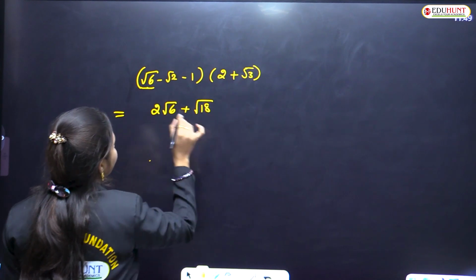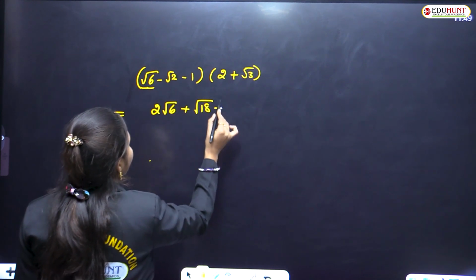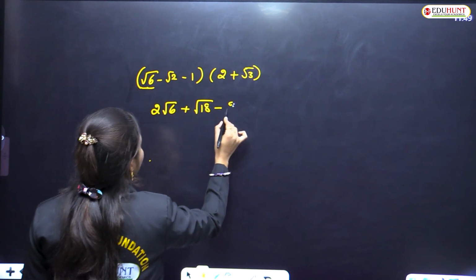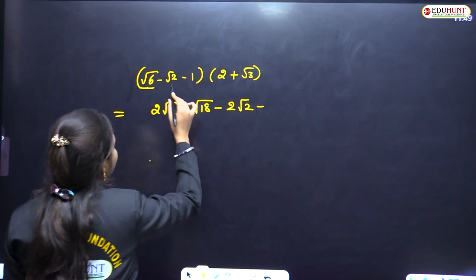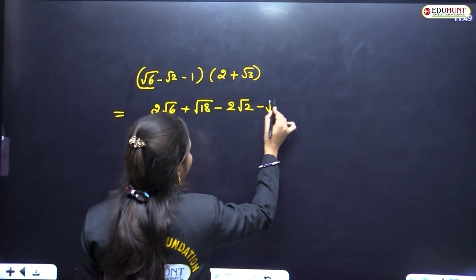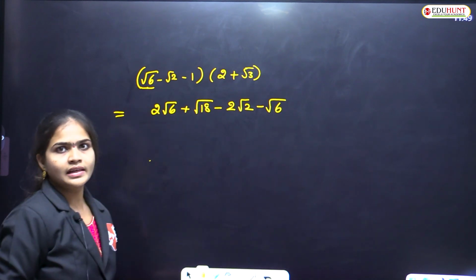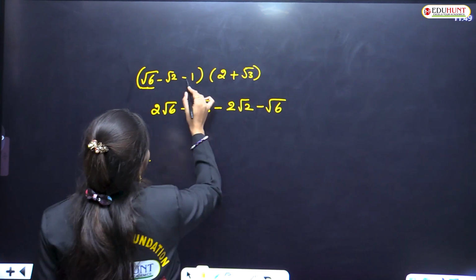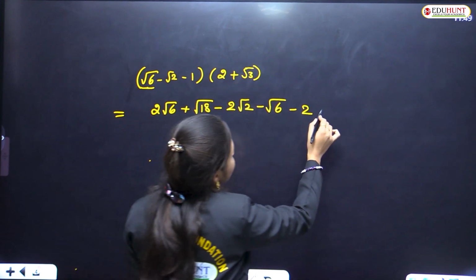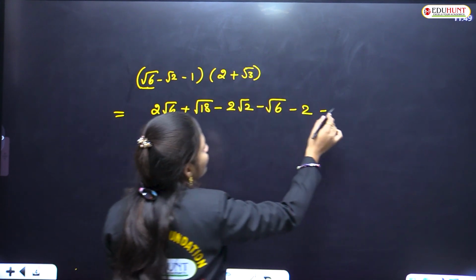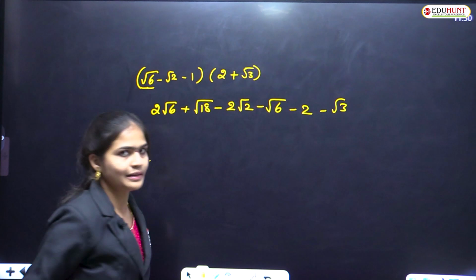Okay, 6 threes are 18. Next, minus root 2 into 2, so 2 root 2. And here minus into plus is minus. Root 2 into root 3 is root 6. Clear? So next, here minus 1 into 2 is minus 2. And here minus into plus is minus, 1 into root 3 is minus root 3.